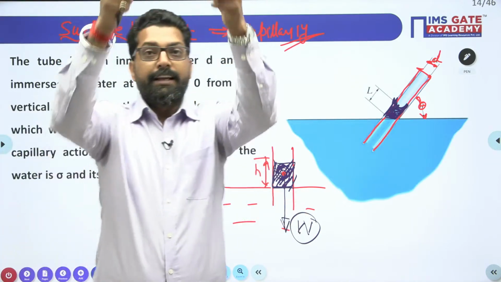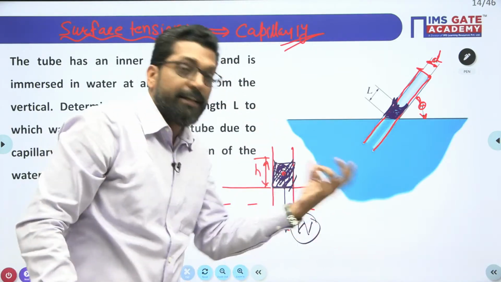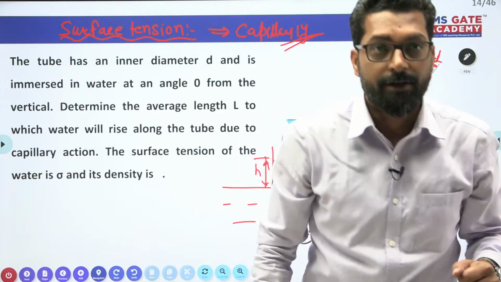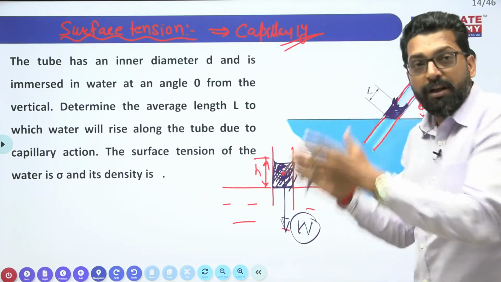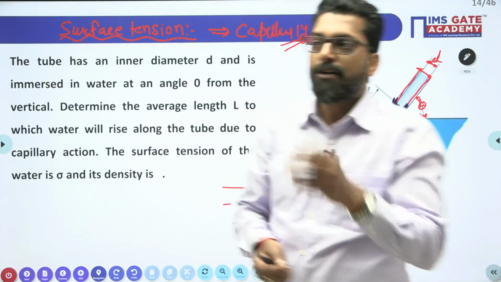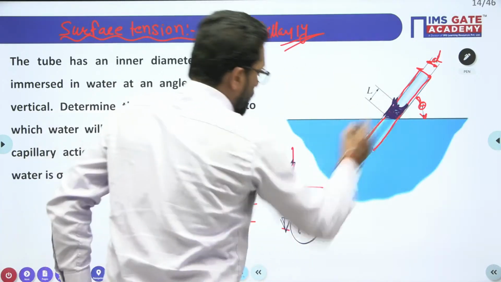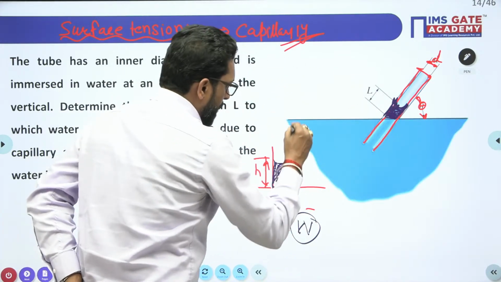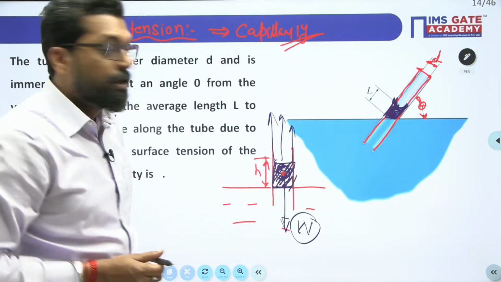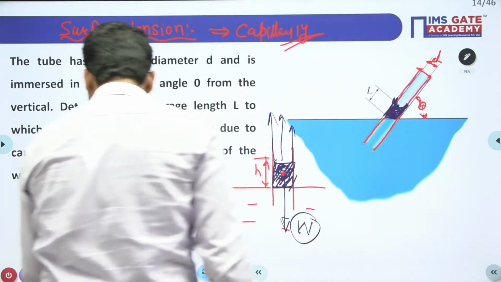If there is any capillary tube, the liquid will rise or depress, and that weight is held by the property known as surface tension. Due to the surface tension property of the fluid, there is capillary rise or capillary fall. So, beta, this weight will be held by the surface tension action. So this is the problem of surface tension.